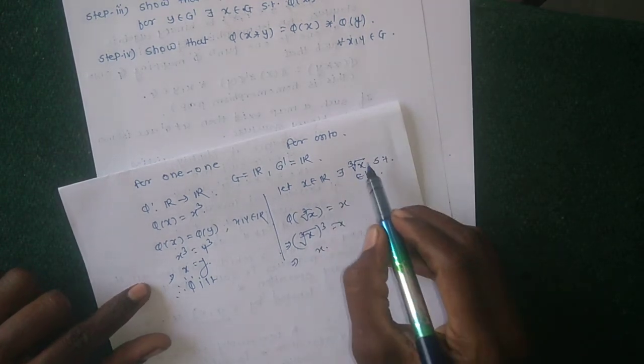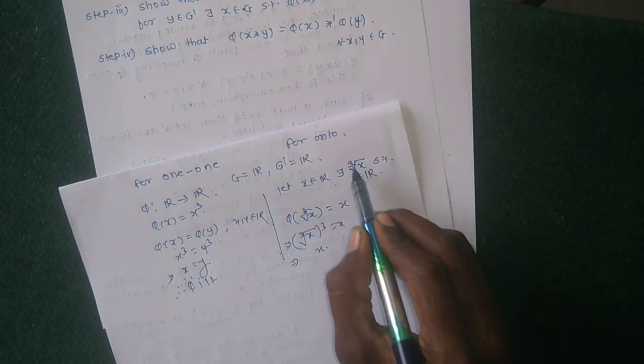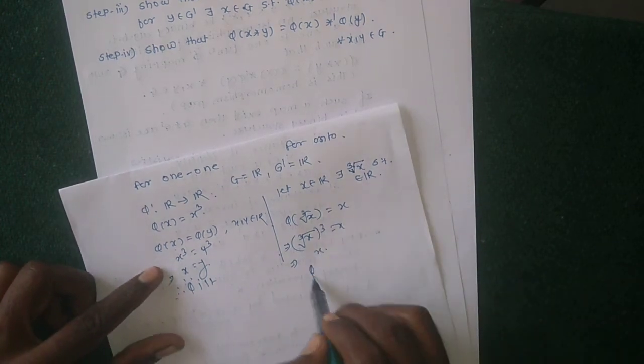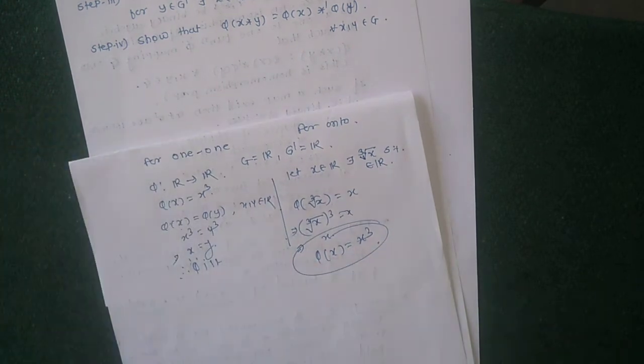Therefore, one element in R, the cube root of x, exists and satisfies phi of x equals x cube. Therefore, the given function is onto. This is the procedure to find whether a given function is 1-1 or onto.